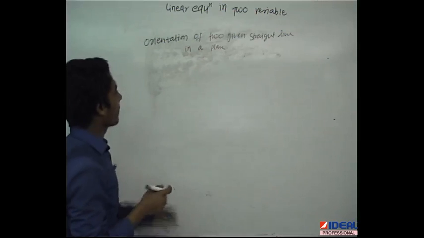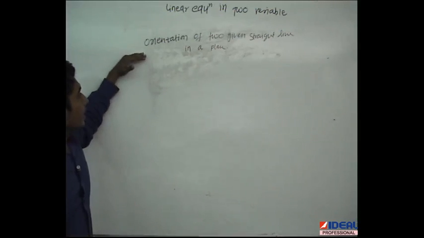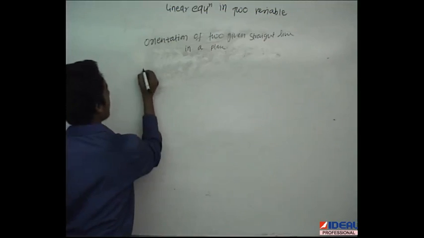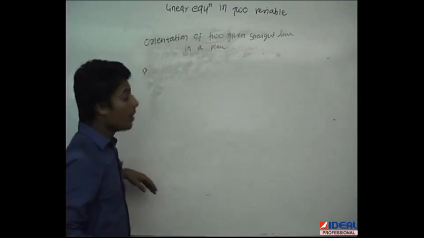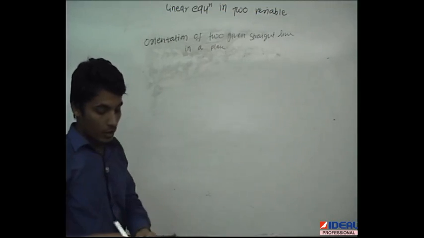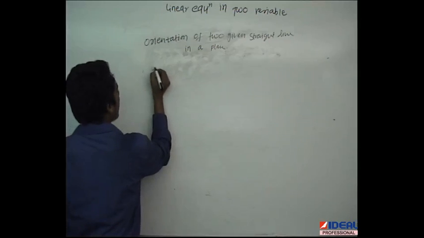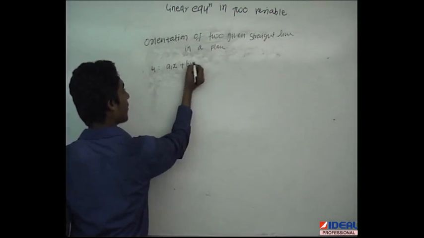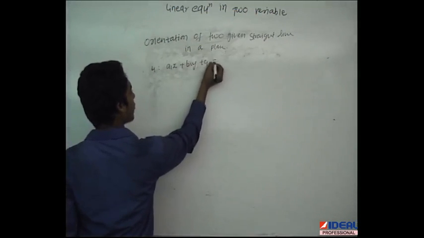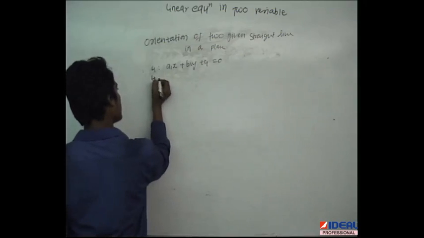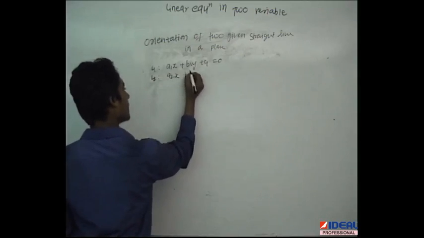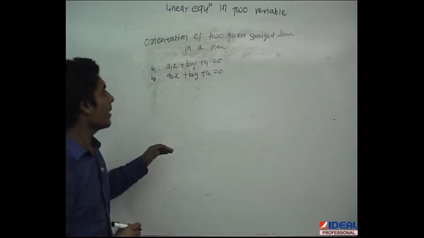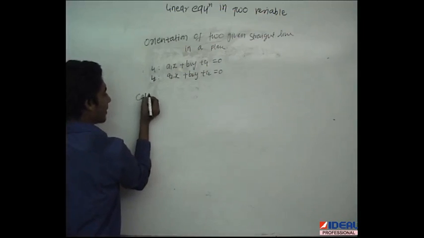In this topic, there are three cases. Suppose two lines are there: L1 is a1x plus b1y plus c1 is equal to 0, and L2 is a2x plus b2y plus c2 is equal to 0. So two lines, and three cases.